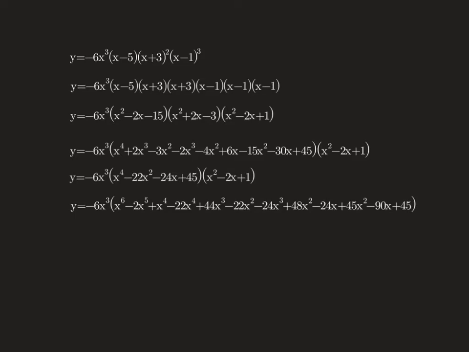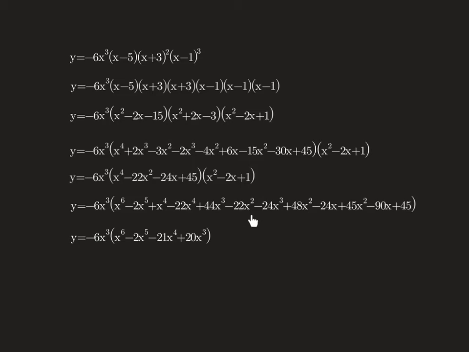All right, let's clean this up. We have an x to the 6. We have, let's see, the x to the 5, so we got negative 2x to the 5. That's it. Okay, x to the 4. So we got 1 minus 22, so that's negative 21. That's it, minus 21x to the 4. x to the 3. So we got 44 of them, minus 24 x cubes, so 20x cubed.